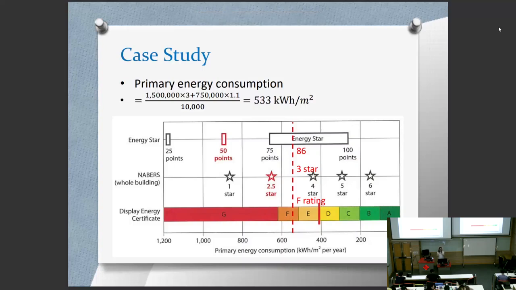Okay, so before the break, we studied the lowest operating carbon office, and we understand that the UK benchmark is a little bit stringent, so it's difficult to get a good grade if you are using the UK labeling scheme.